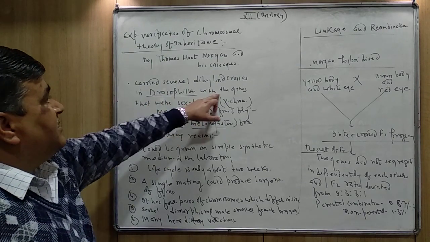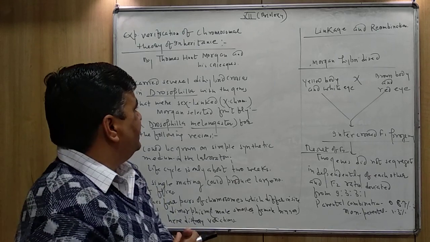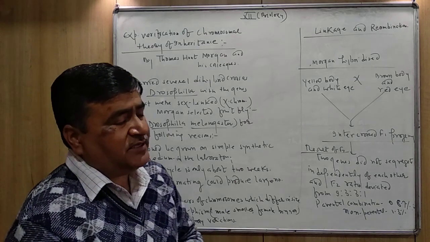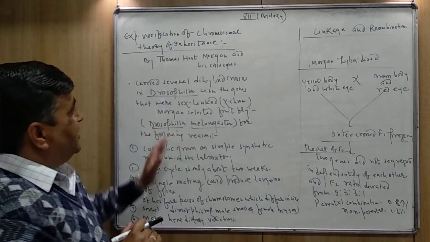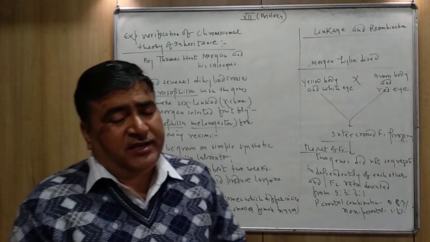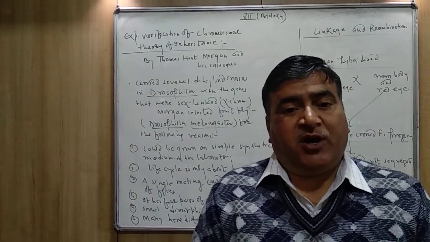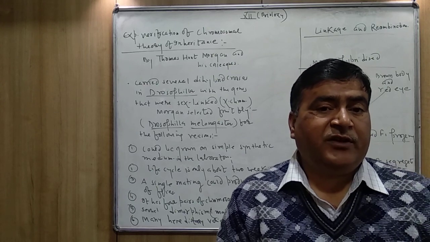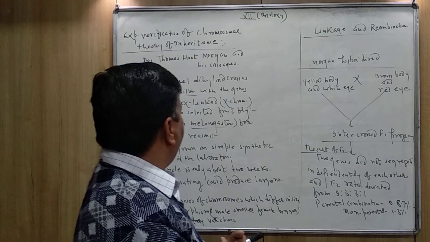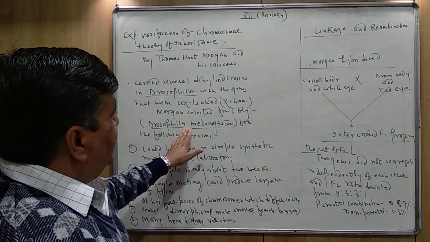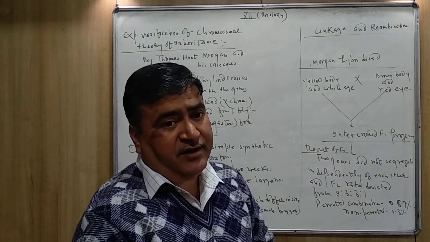And in Drosophila, where were the genes located? On the sex chromosome. They were sex linked, meaning the genes were located on the X chromosome. Now there is a question: why did T.H. Morgan select the fruit fly for his dihybrid experiment?